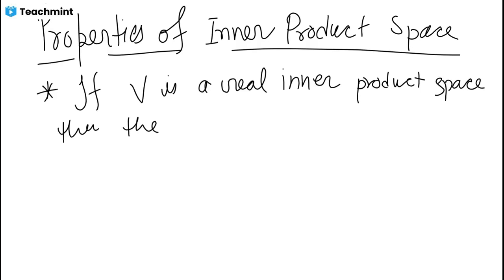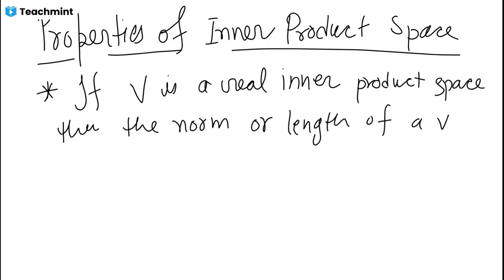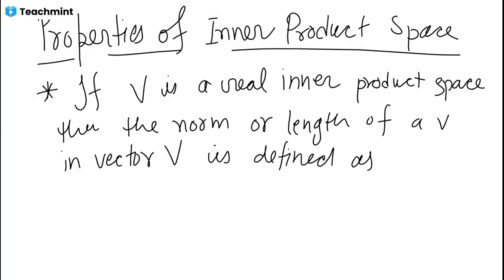the norm or length of a vector v in vector space V is defined as: the norm of this vector v is equal to the square root of the inner product of v comma v.